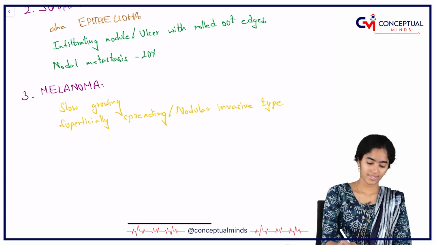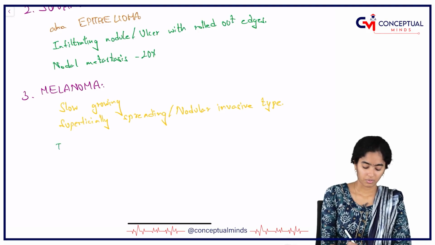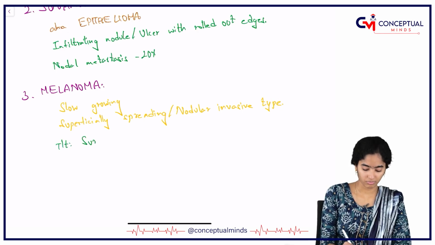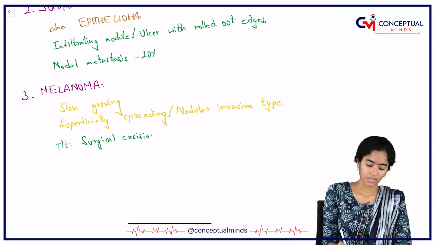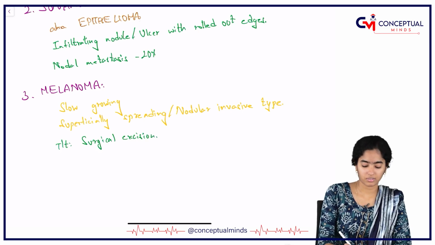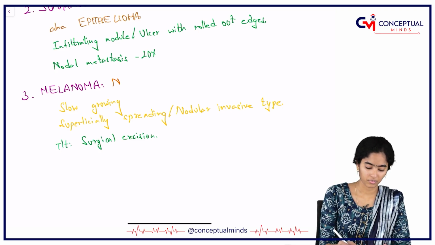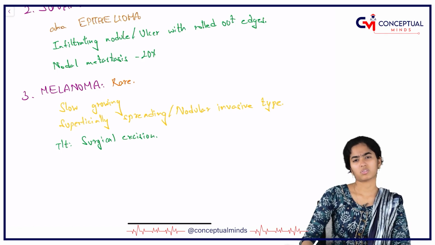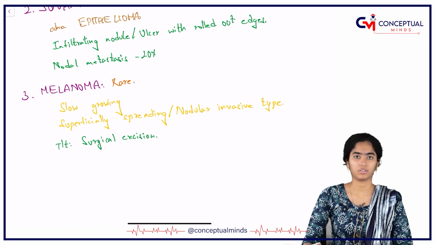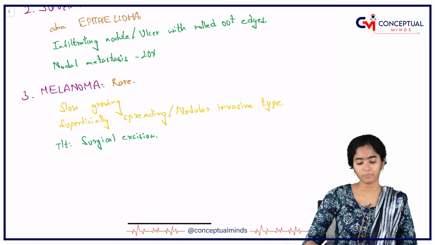And how will you treat this? By surgical excision. Now please understand that melanoma of the nose is quite rare. It's the least common among all the varieties, all the tumors, okay?